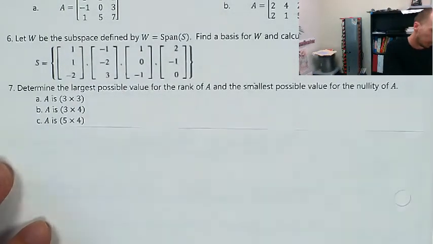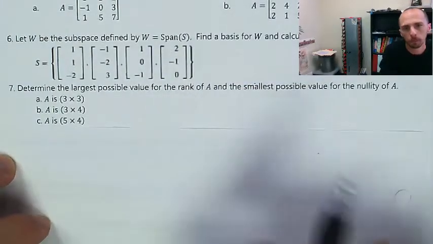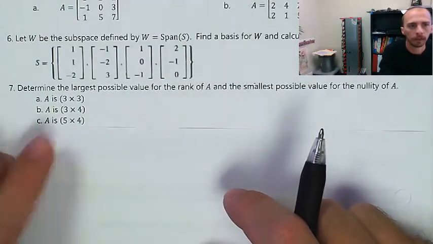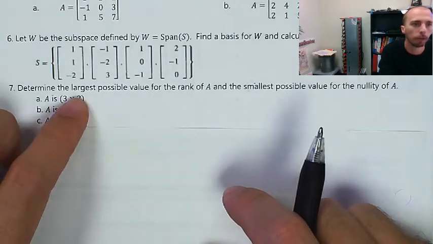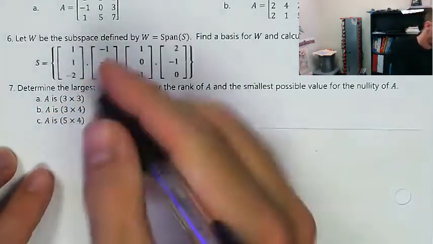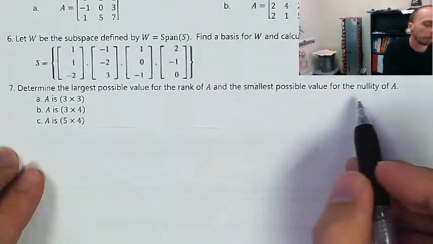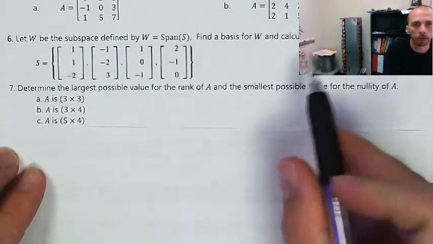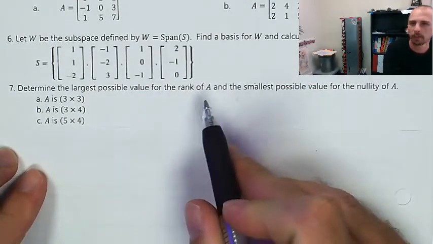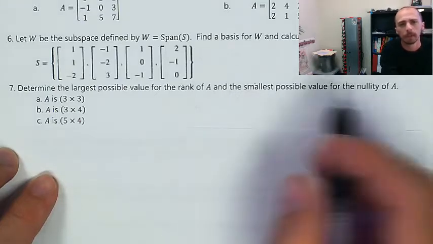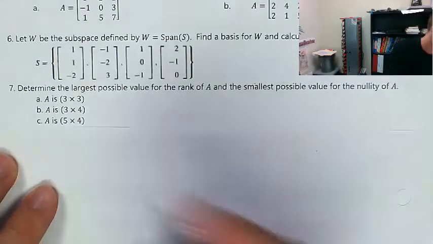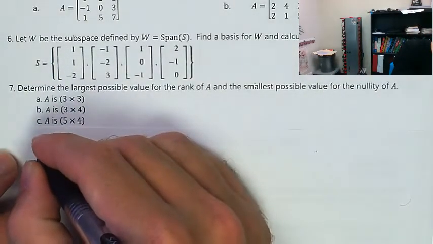Okay, so if A is 3 by 3, the largest possible rank is 3, right? If it's a square matrix and it's non-singular, it'll have full rank. And so, oh, okay, the smallest possible value of the nullity of A follows directly from the largest possible value of the rank of A. And they're not going to necessarily be the same thing because of the complementary nature. I think you'll see what I'm saying. Okay.